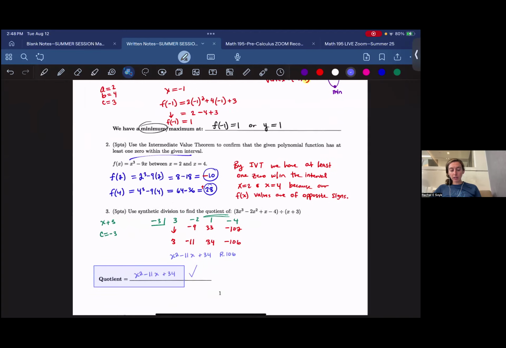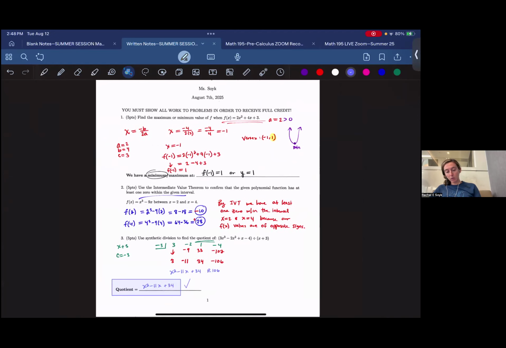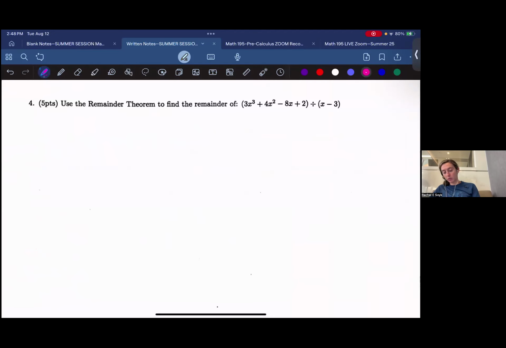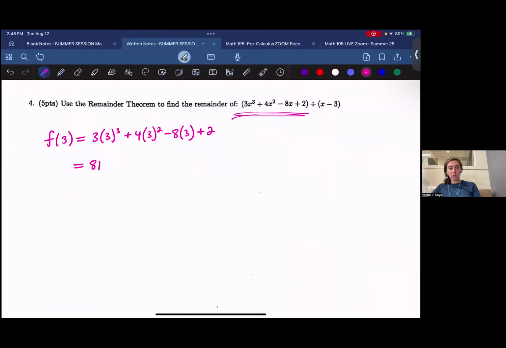And then finally, we have our last question, which is using our knowledge of the remainder theorem. So we just want to evaluate this cubic function when our c value is 3 in order to get the remainder. Three cubed is 27 times 3 is 81. 3 squared is 9 times 4 is 36.